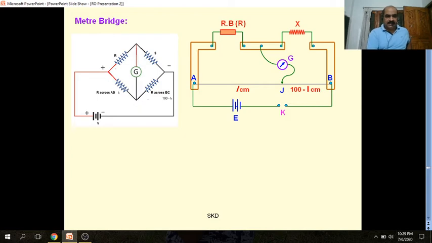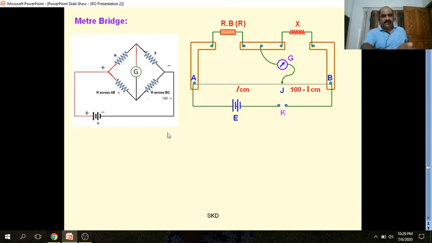You just compare it. Your resistance across AB and resistance across BC. Clear? So this is your resistance across L and 100 minus L, and the battery is connected.